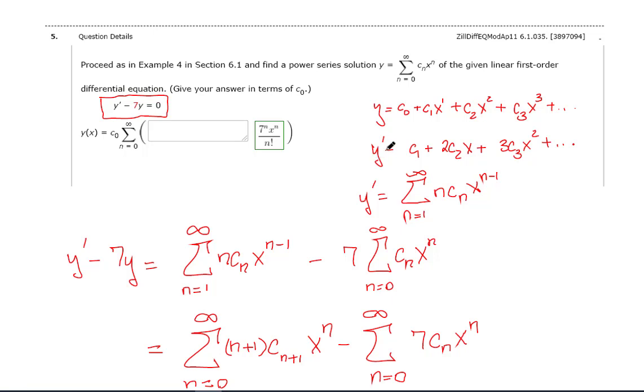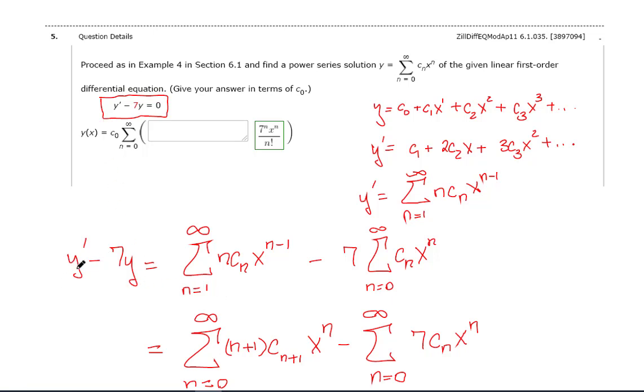What's y prime? Well, the derivative of a constant goes away. This 1 comes in the front. Derivative of a constant times x is c1. And so similarly, all of these follow by the power rule. And so y prime is this particular term.